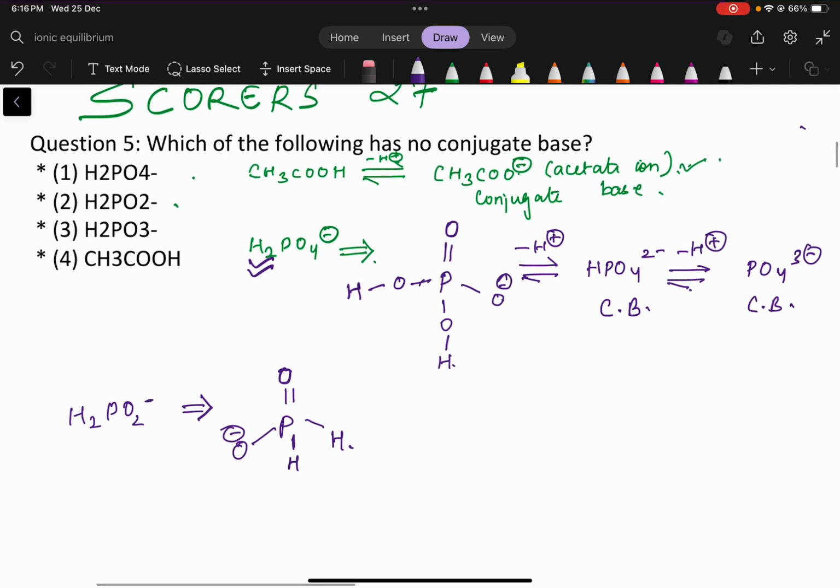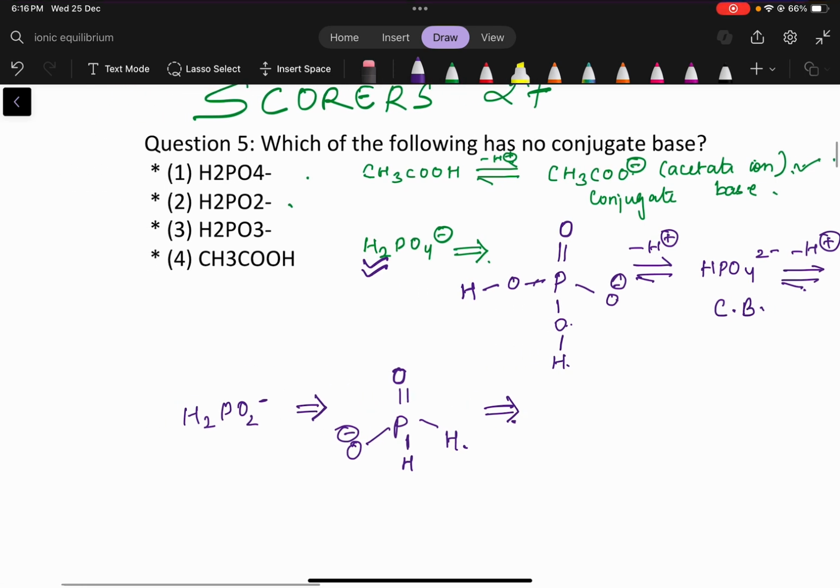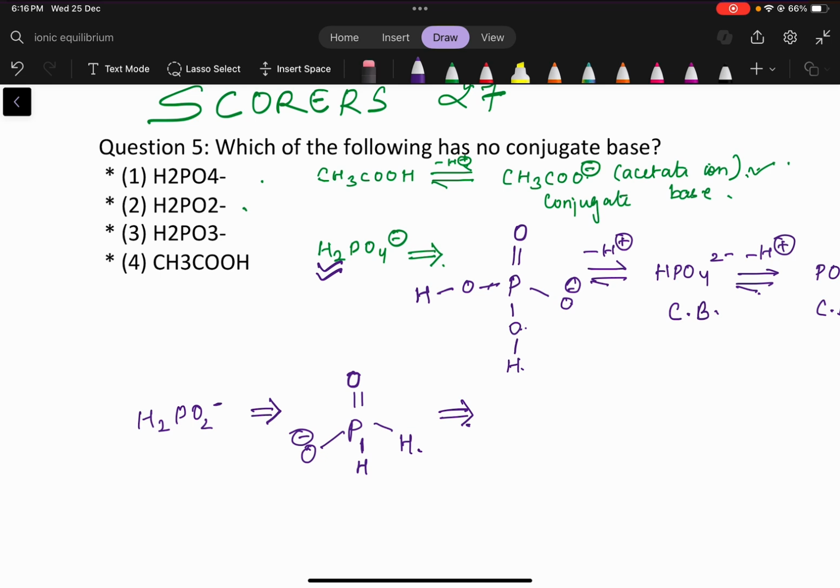Now you know that when a hydrogen is attached to an oxygen, there is a difference in electronegativity, right? The oxygen electronegativity is almost 3 and hydrogen is 2.1, right? Because of this, the electron pair shared between oxygen and hydrogen is more pulled towards oxygen, leading to a partial positive charge on hydrogen.